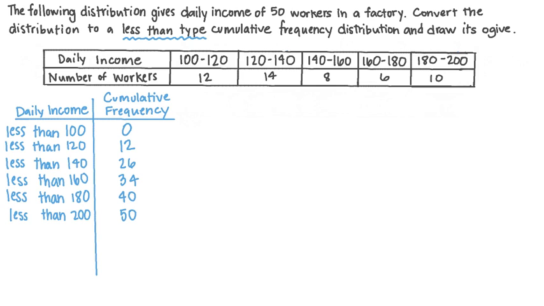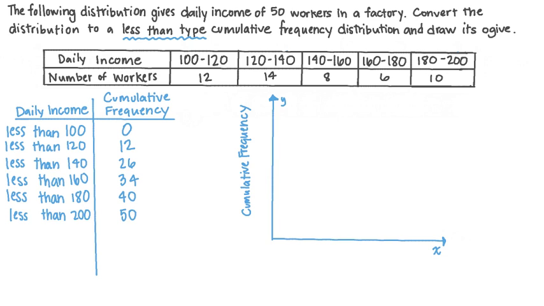Now we need to turn this information into a graph. But what belongs on each axis? The cumulative frequency goes along the y-axis, and the class boundaries go along the x-axis. But we want to label the x and y-axis with our specific information. And our cumulative frequency is a measure of the number of workers.